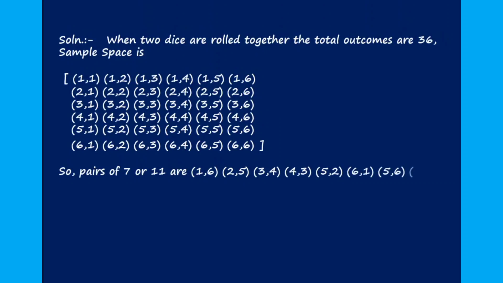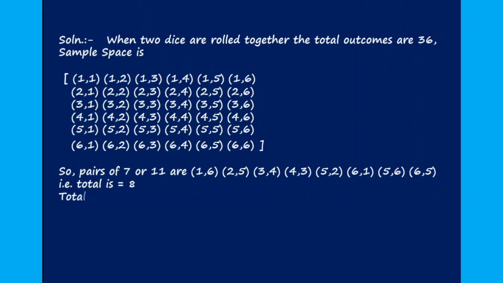And then for 11, 5 plus 6 makes 11, and then 6 plus 5 makes 11. Only 2 for 11, and 6 for 7. So when we add it, the total possibility is 8, right?